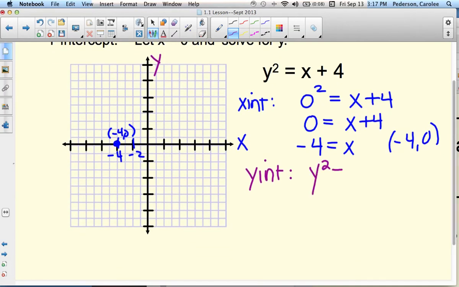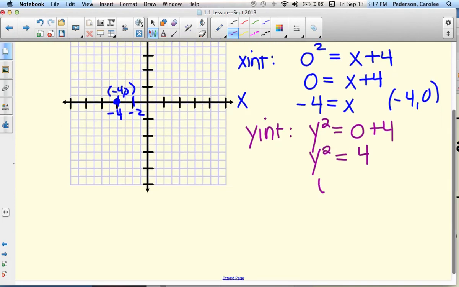So y squared equals 0 plus 4. 0 plus 4 is 4. Now y squared, to undo a square, we have to take the square root of both sides. Do not forget the plus and minus on the right. So y equals plus or minus 2, because the square root of 4 is 2.